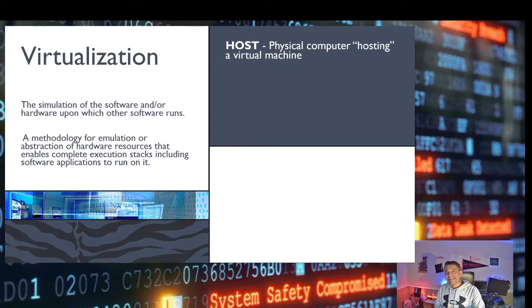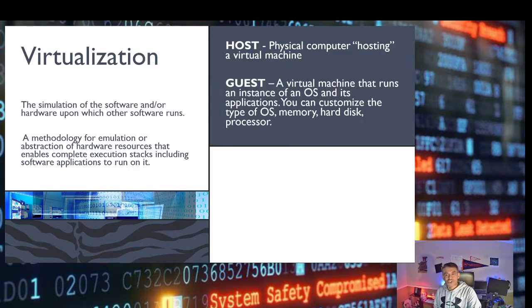Some of the key definitions that I would like for you to understand related to virtualization are as follows. Host, the physical computer hosting a virtual machine. So it's the actual hardware computer that will be hosting one or more virtual machines. Number 2, guest, a virtual machine that runs an instance of an operating system or OS and its applications.